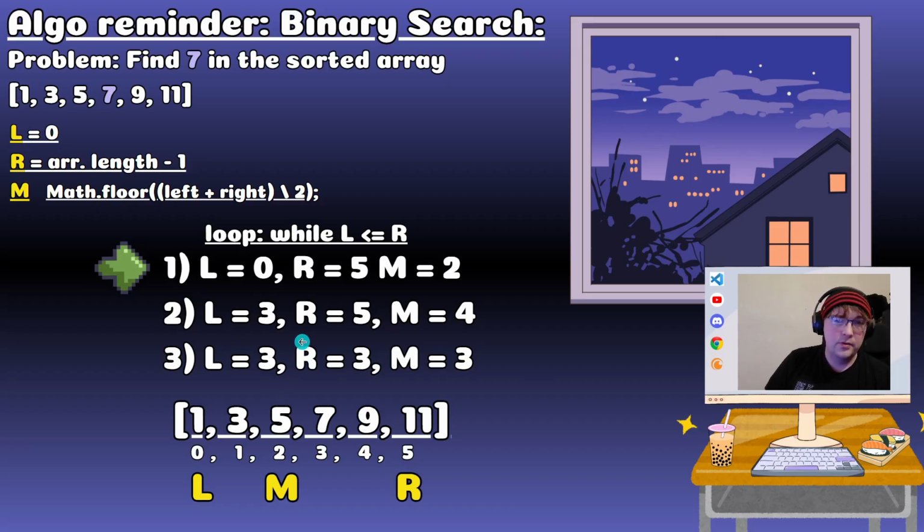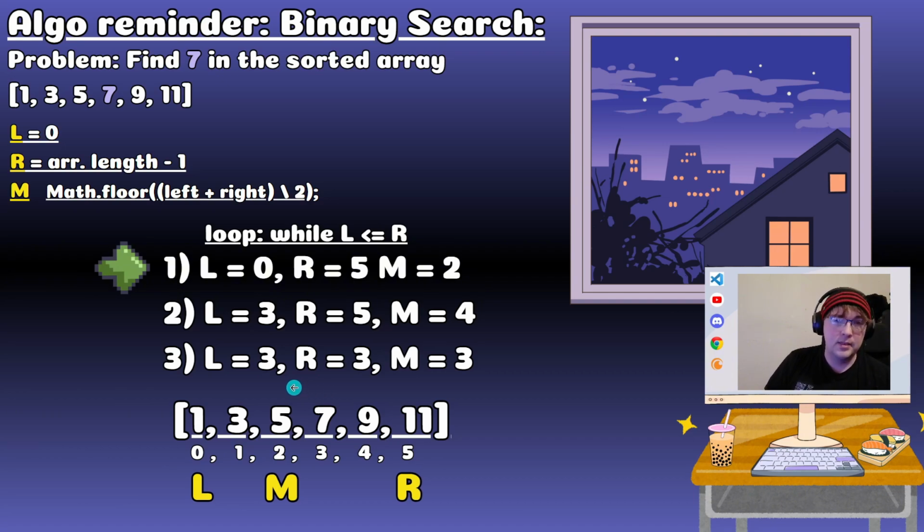And so what you're going to do with those pointers is you're going to ask, one of 3 things is going to happen. Either the middle pointer is going to be pointing to the number that we're looking for, and then you'll just return that middle pointer. Or the variable m is going to be less than the number we're looking for. And if that's the case, we would take the L pointer and move it one space to the right of m.